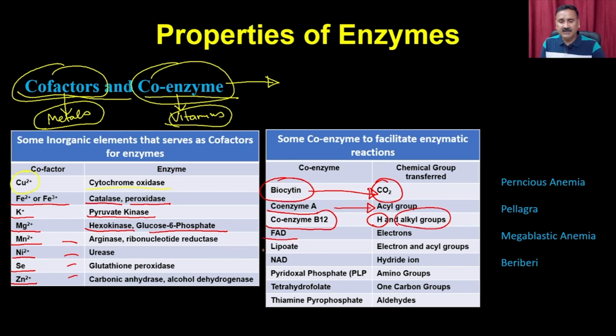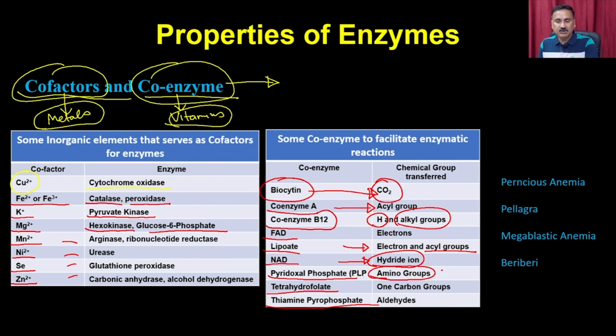Then we have FAD, lipoate, NAD, pyridoxal phosphate, tetrahydrofolate and thiamine pyrophosphate, and all these participate in one reaction or another. For example, lipoate participates in electron as well as acyl group transfers. NAD works in hydride ion transfer. Pyridoxal phosphate works in amino acid group changes.